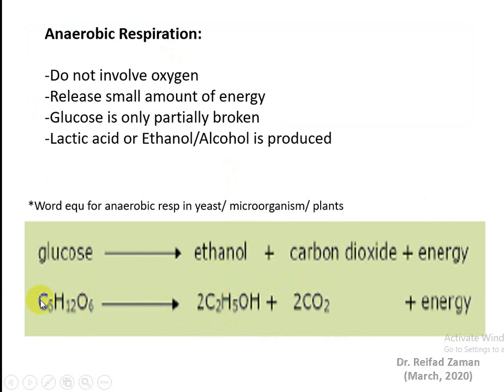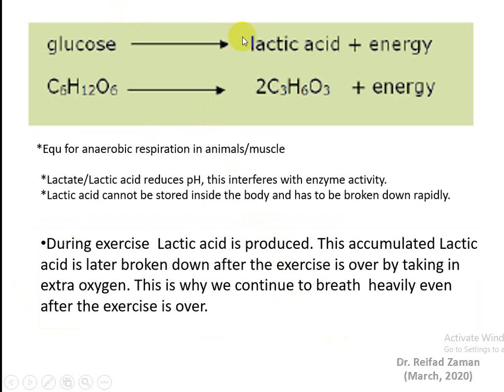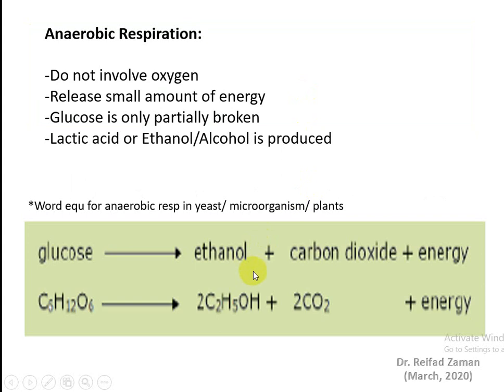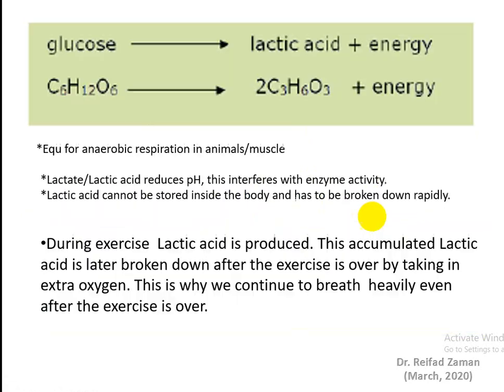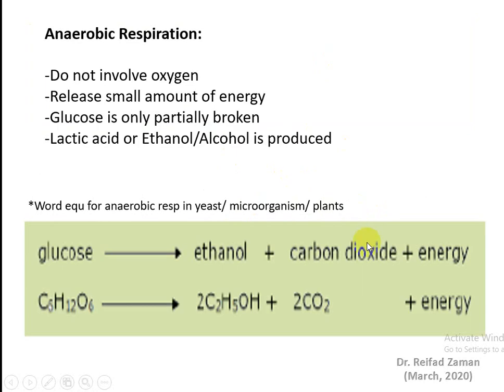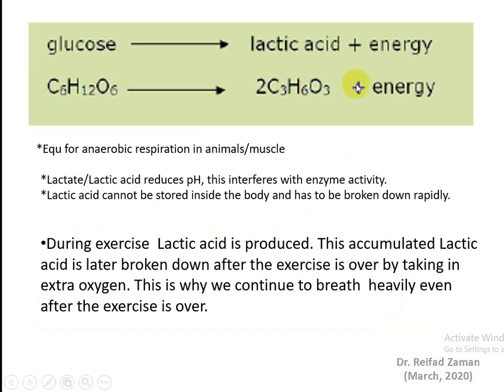The glucose is undergoing more breakdown than that in animals, because here only 2 molecules of lactic acid are produced, and over here 2 molecules of ethanol plus 2 molecules of carbon dioxide are produced. So which one do you think produces more energy? Anaerobic respiration in plants or anaerobic respiration in animals? Obviously, anaerobic respiration in plants produces more energy than anaerobic respiration in animals.